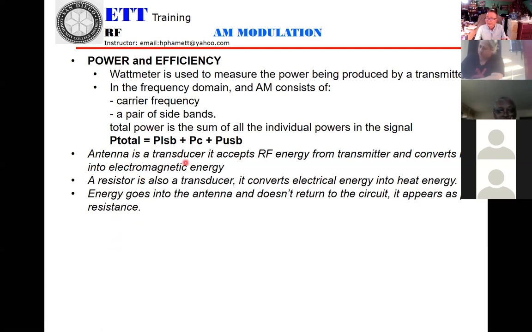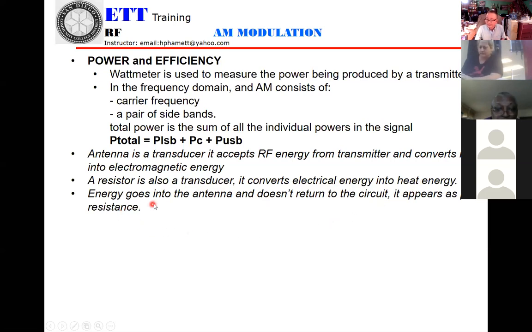An antenna is a transducer. It accepts RF energy from the transmitter and converts it into electromagnetic energy. A resistor is also a transducer. It converts electrical energy into heat energy.